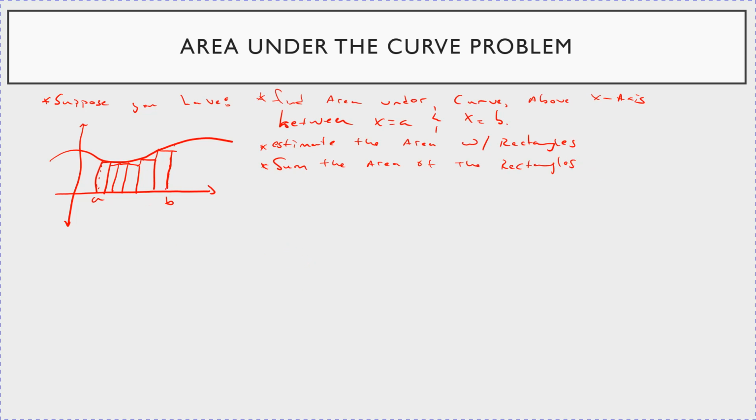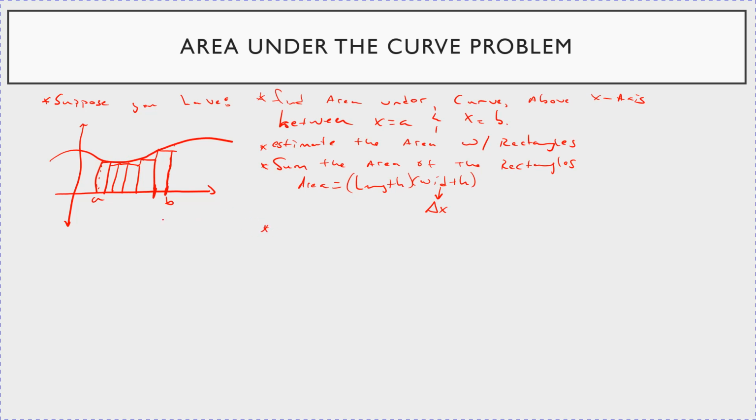But now here's the thing. You'll obviously know, right? Like area is equal to the length times the width of each rectangle. Right? So our width is going to be the delta x. So the width is going to be the distance from here to here. Well, obviously I could do better than these rectangles, right? These rectangles obviously underestimate the area.